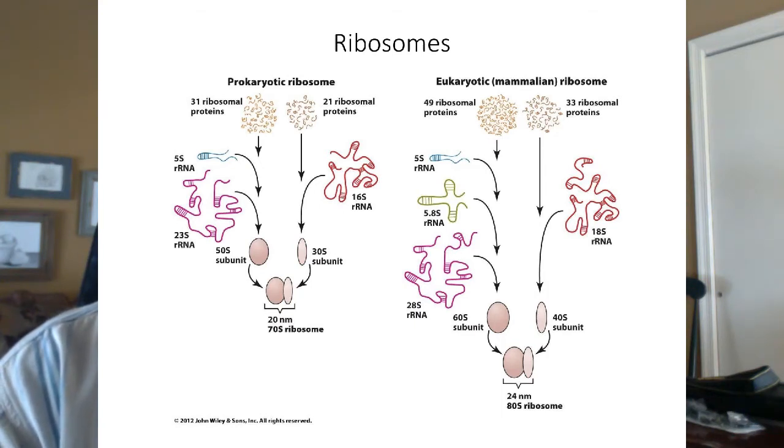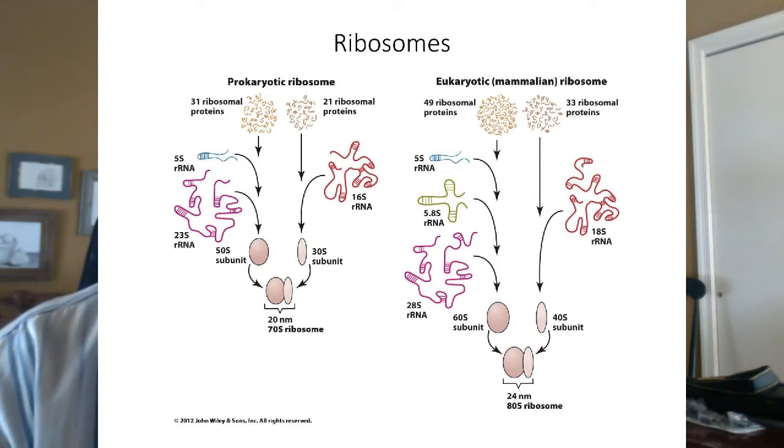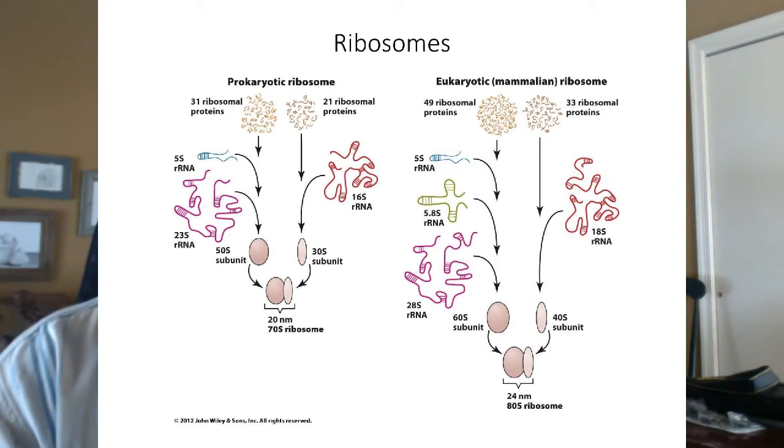So the 50 and the 30. Note they don't add up. Okay, they never add up because this is all about how far these molecules travel within a dense, usually sucrose, sometimes salt solution.